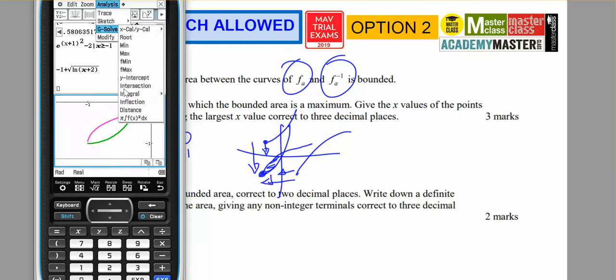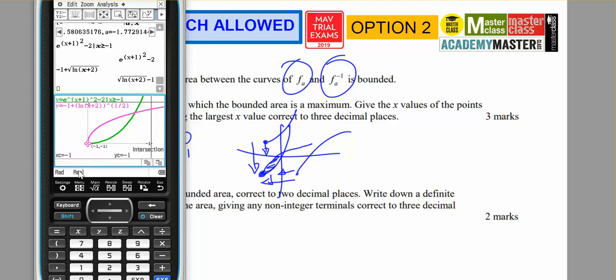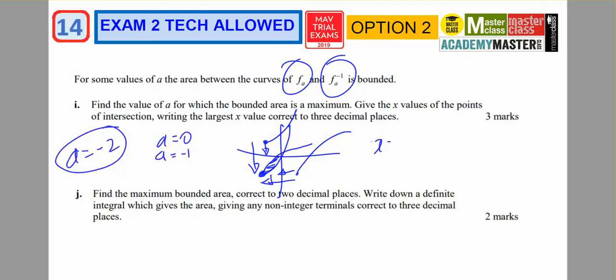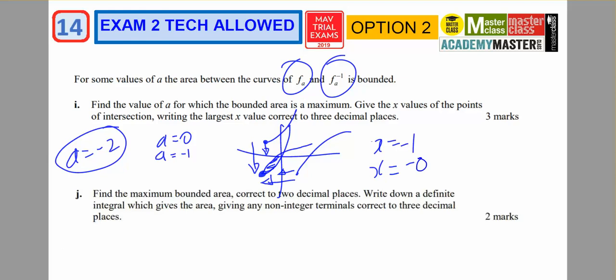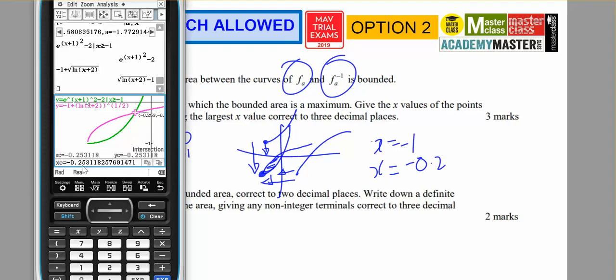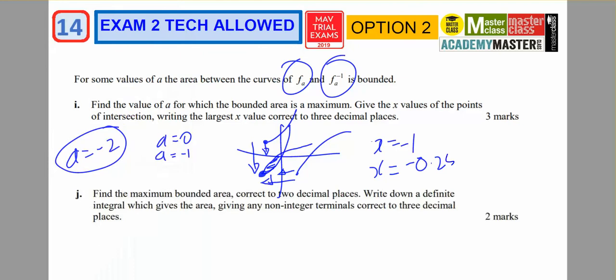So analysis G-solve intersection, -1, so x equals -1, and x equals -0.2531. Two five three one one, and I want to do it to 3 decimal places, so -0.253. And that will give me that area.